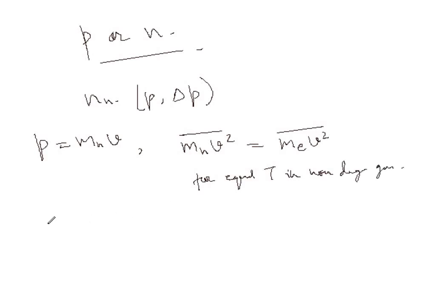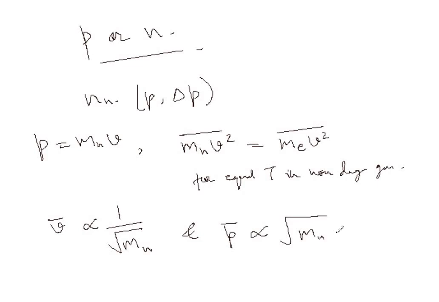What we find is that V average is proportional to 1 by root over mn, and also P average is proportional to root mn. So for neutrons the momenta are all larger, and therefore the number of quantum cells in momentum space is much greater for the heavier particles.